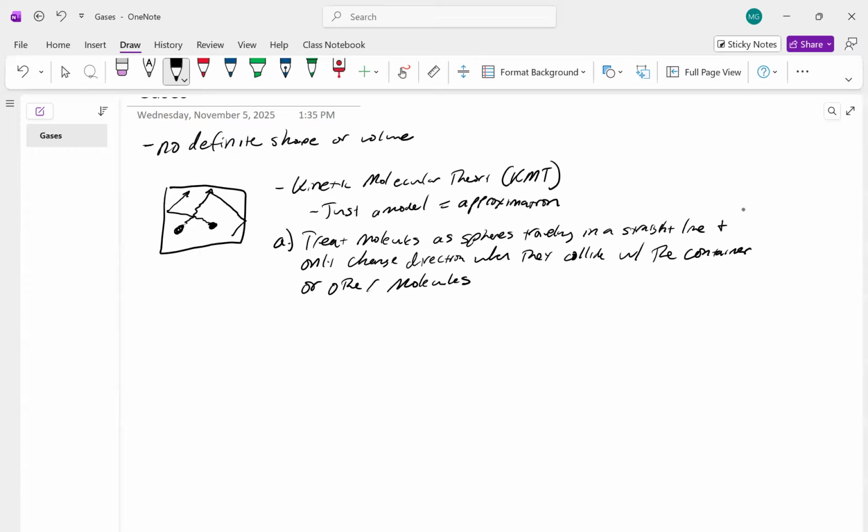Now, that straight line could be in any direction, but they're just going to keep on moving until they hit something.